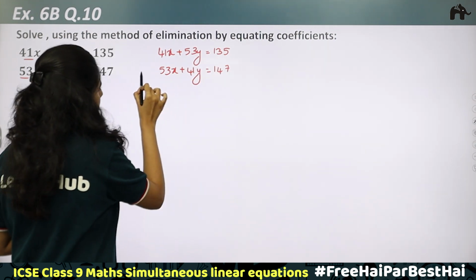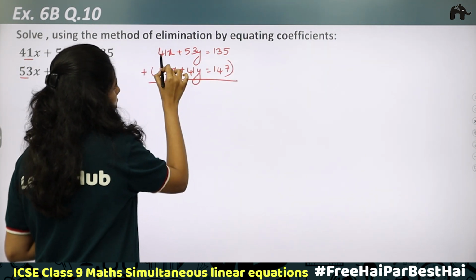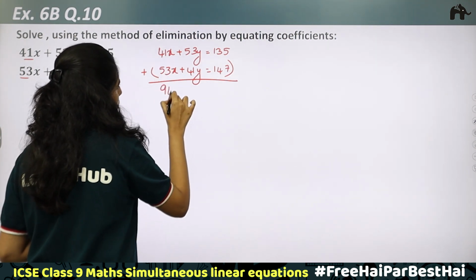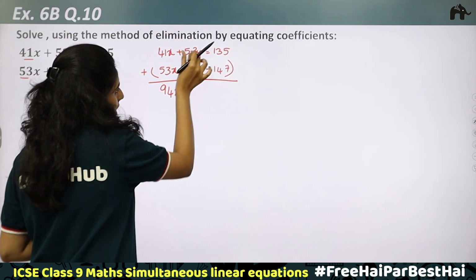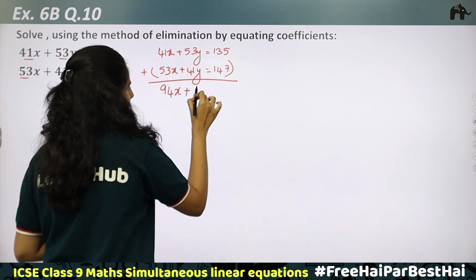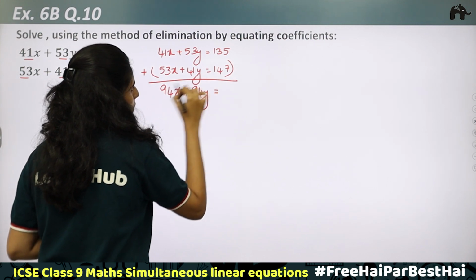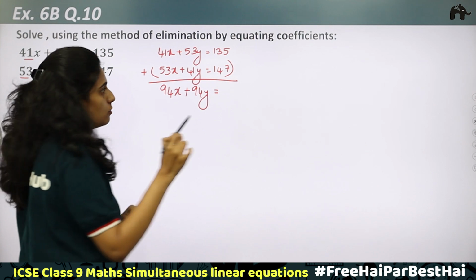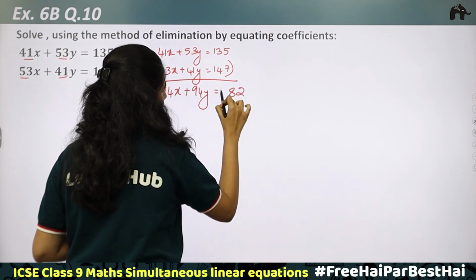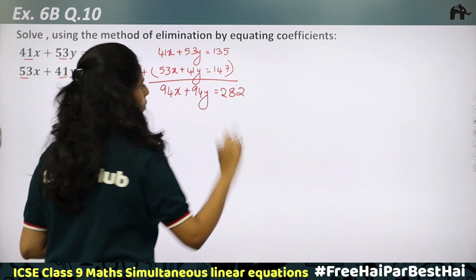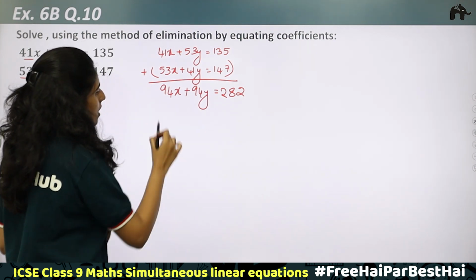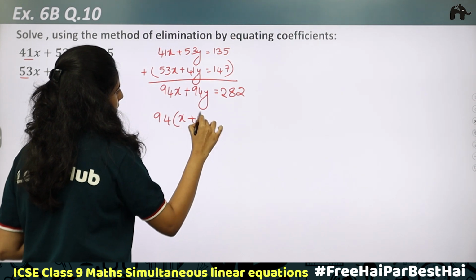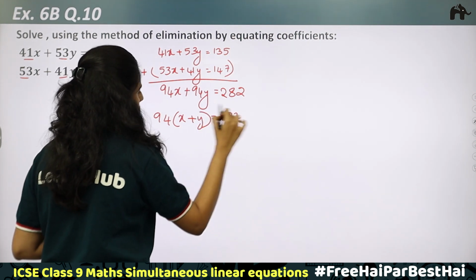On adding, what do we get? 41x plus 53x, that is equal to 94x, plus 53y plus 41y, 94y, is equal to 135 plus 147. How much do we get? 282. Or 94 into x plus y is equal to 282.